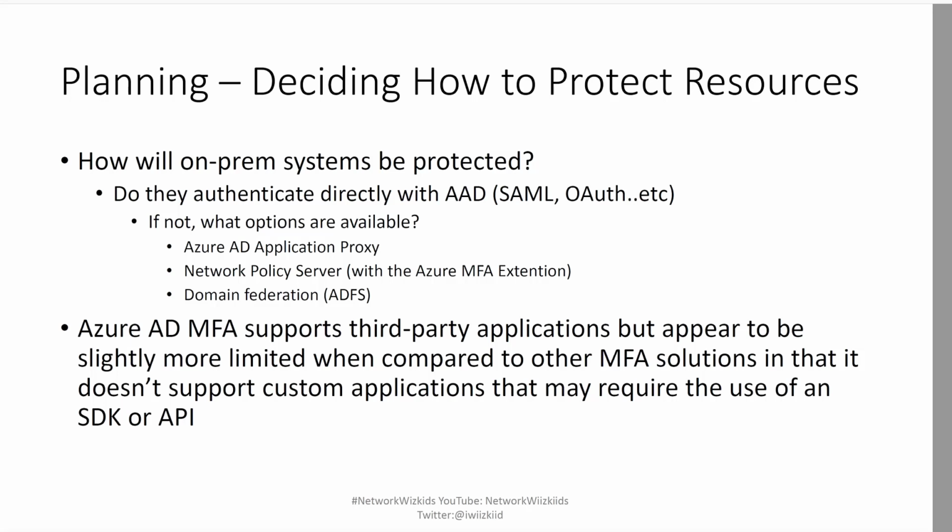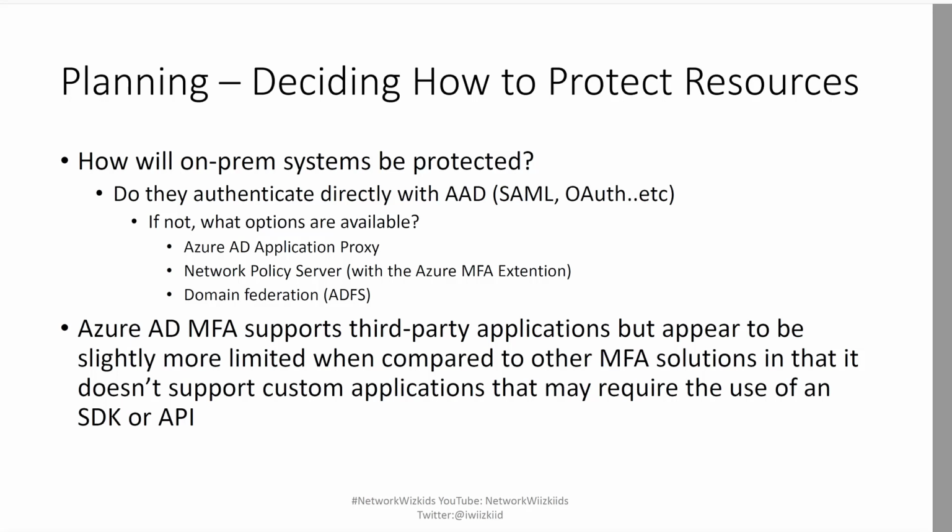Let's say for instance you've got an application that doesn't support SAML, but you really want to protect that with two-factor authentication. How is that going to be done? Does Microsoft have a mechanism to implement two-factor authentication before getting access to that specific application? They've got a few different options, and again it depends on the application itself and the environment. One of those is Azure Active Directory application proxy.